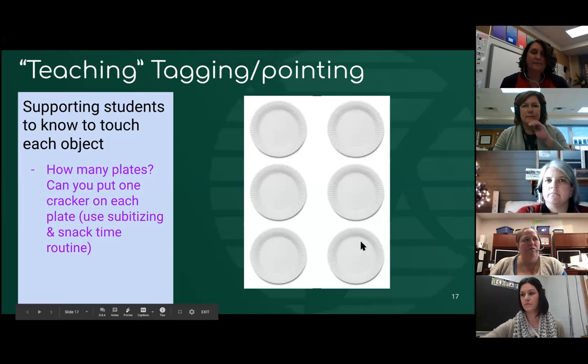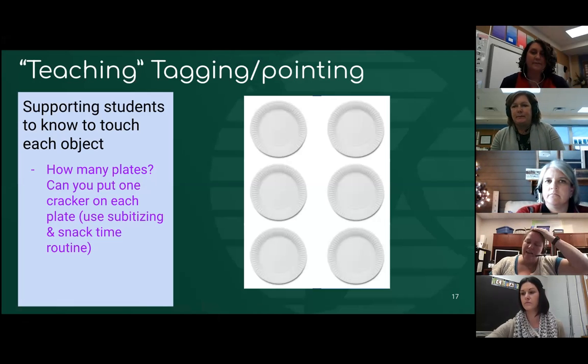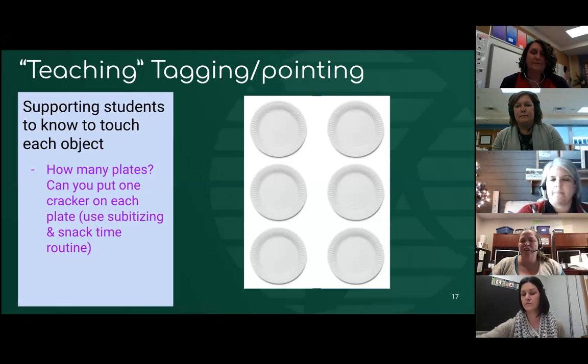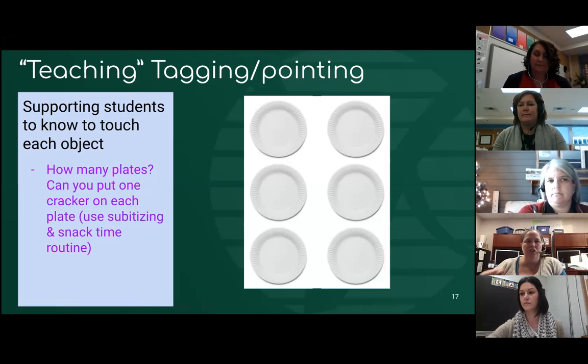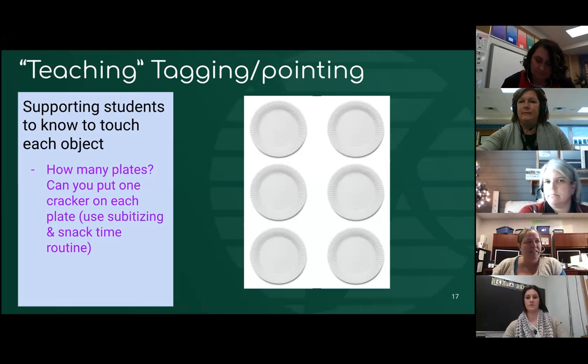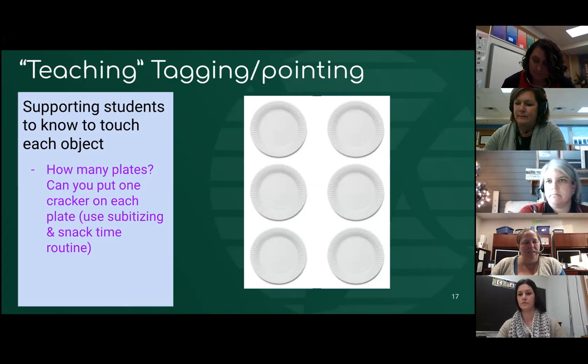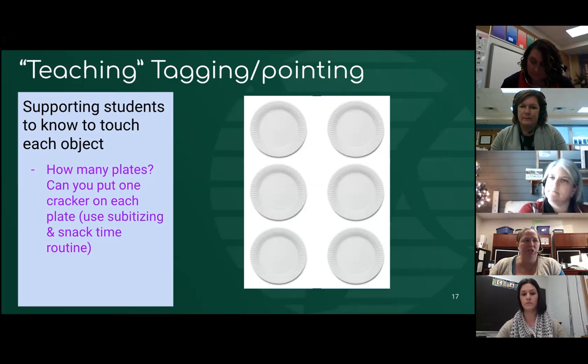They are different things, and I know that in education we have often muddied the water between these two, because we often say one-to-one correspondence when what we mean is tagging. I would say that's usually the mistake we tend to make. Tagging is the act of pointing to each object when you're counting. One-to-one correspondence is not a strategy that you can see, but it's a key idea that you can imply they have based on how they might answer a particular question.